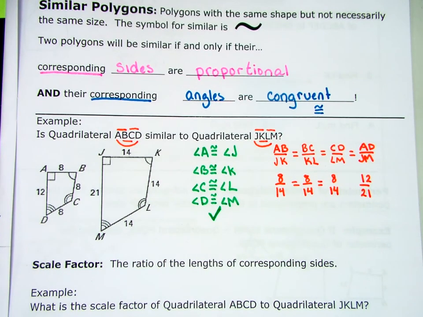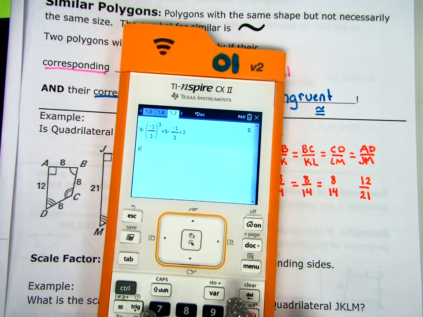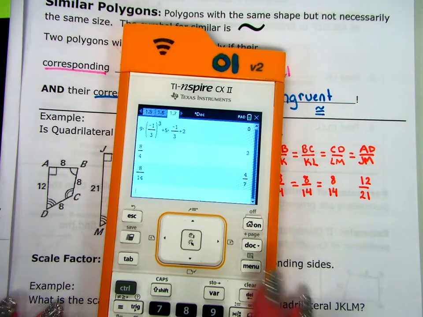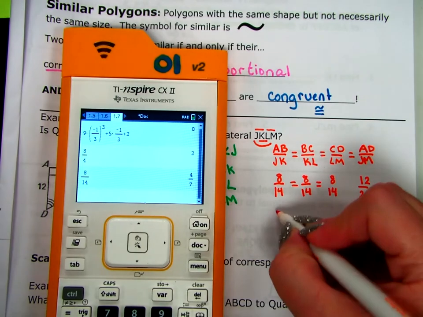How can I find out if they're the same? Simplify, right? Let's reduce those fractions. Oh, sorry, 8 over 14 reduces to 4/7.